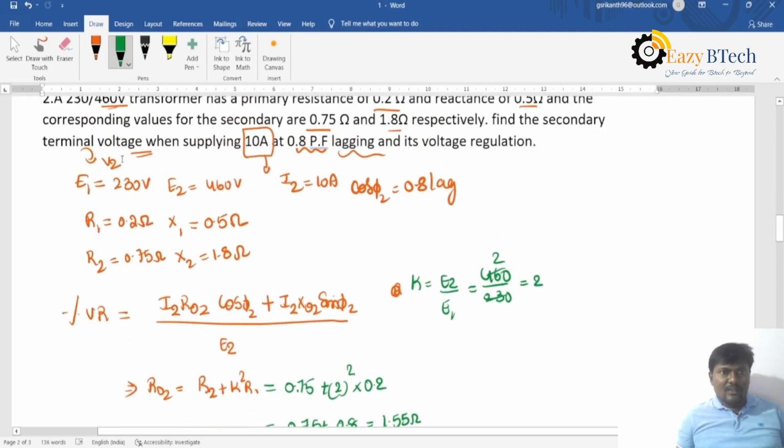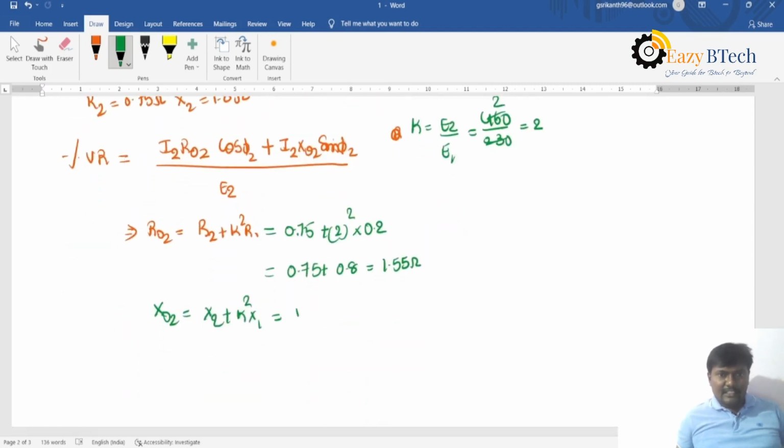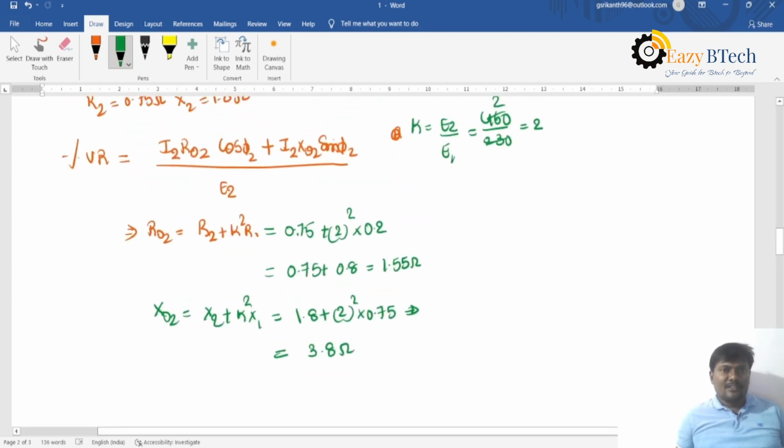The X2 value is 1.8 plus 2 whole square into 0.5. So 4 into 0.5, and finally I got it as 3.8 ohms.